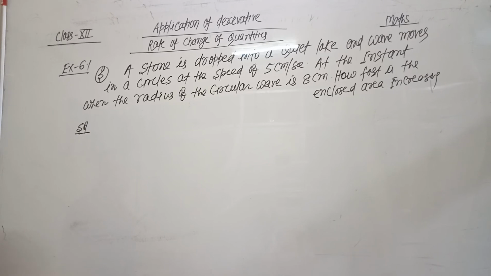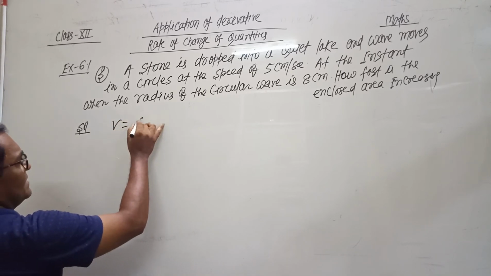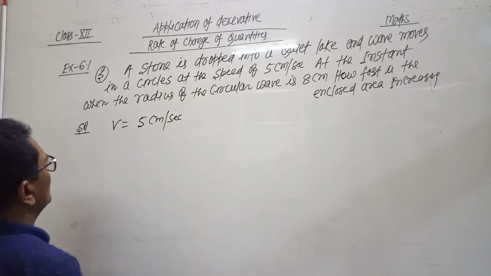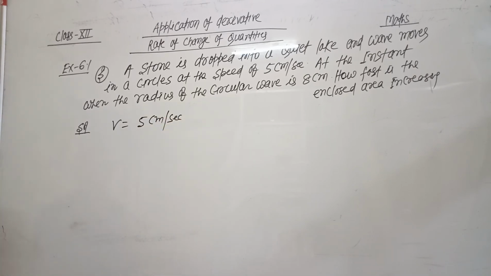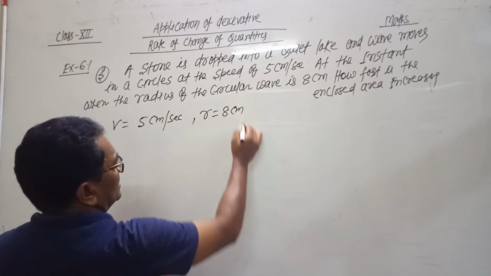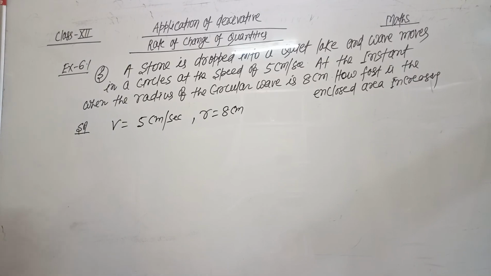So we are given v, 5 centimeter per second, and at the instant when the radius of the circular wave is 8 centimeter, r is 8 centimeter. So how fast is the area increasing?